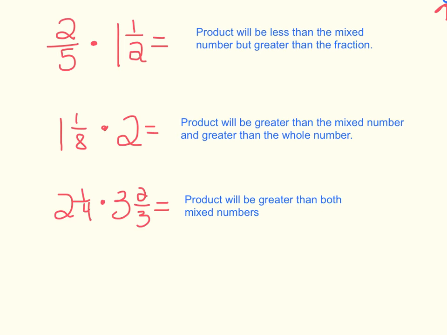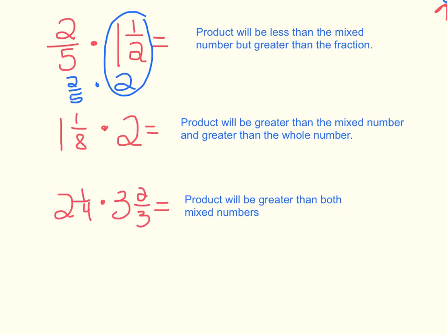You may have been able to see that the first situation is very similar to what we would see if this were 2/5 of another whole number. So for example, 2. What we have is a fraction, something less than 1, times something that is greater than 1. 1.5 is greater than 1, just like 2 is greater than 1.